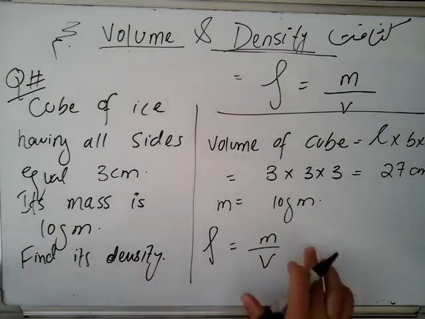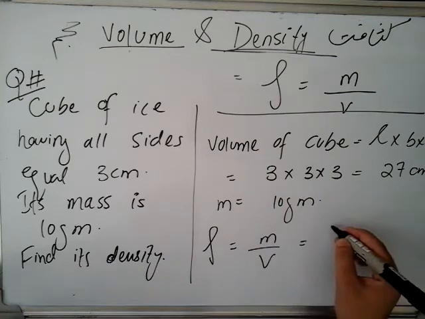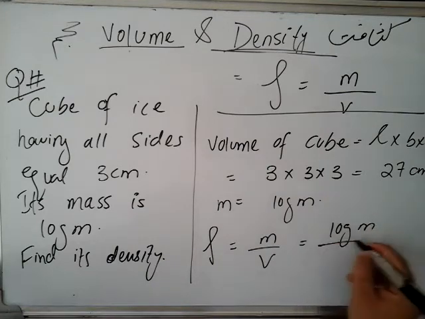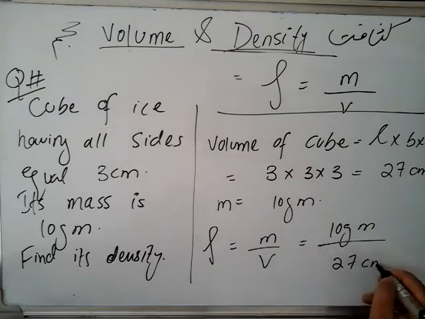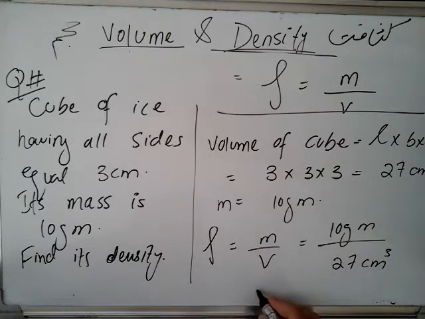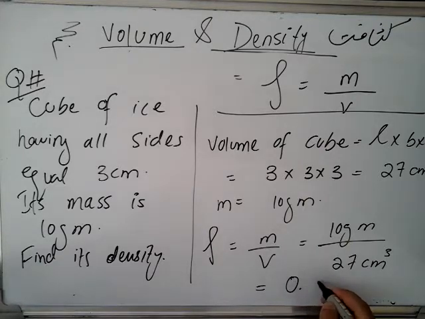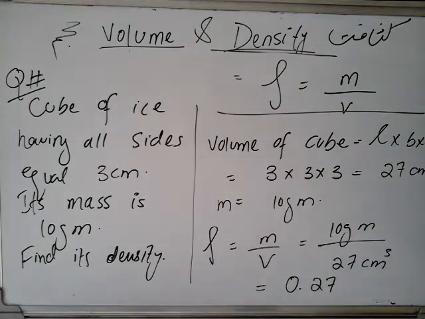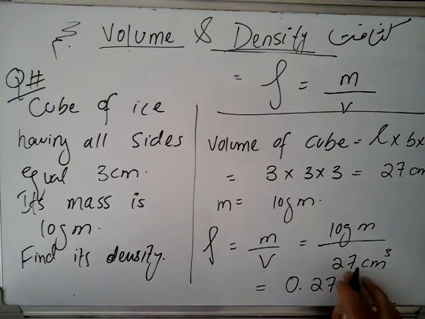So mass of the cube is 10 gram and volume is 27 centimeter cube. If we divide these, we will get 0.37 gram per centimeter cube.